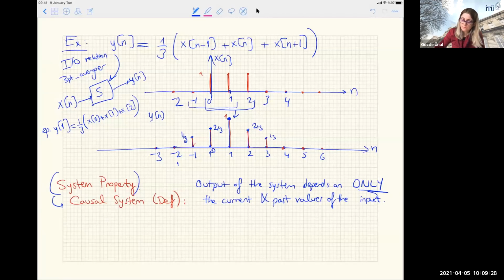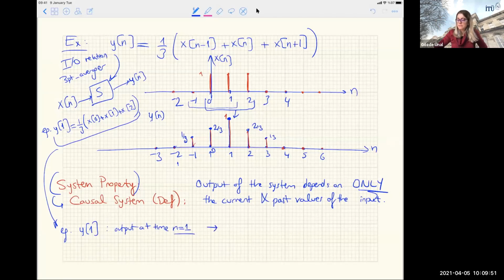So, for instance, look at this example. Here, e.g., y of 1 is the output at time n equals 1. And it depends on x of n at n equals 0, n equals 1, which is fine, but n equals 2.